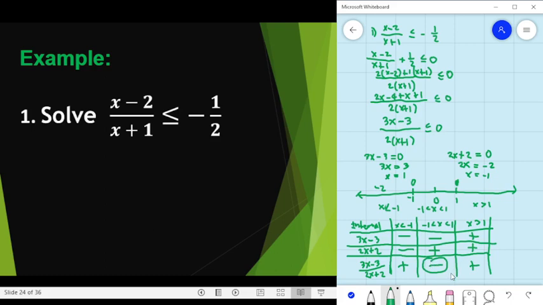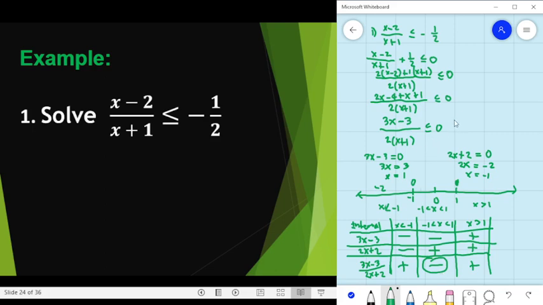So therefore, the solution should satisfy the inequality. If it said greater than 0, that would mean using the outer intervals. But since it is less than, we are going to use the middle interval, the one that makes negative values.